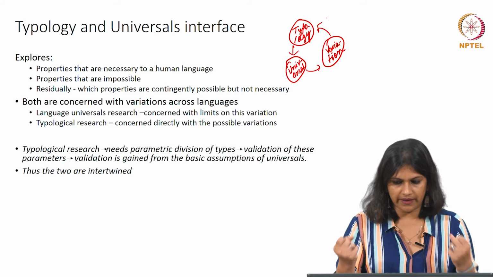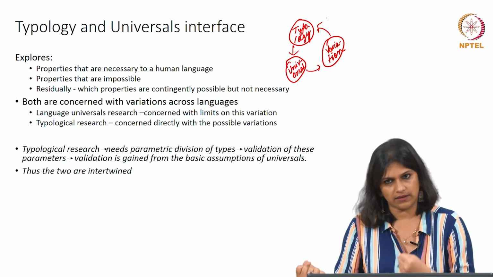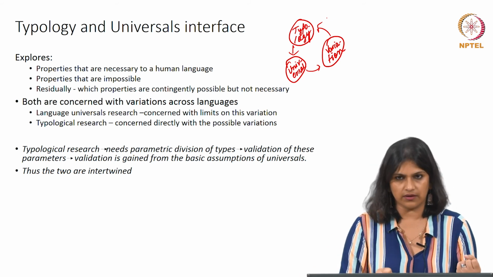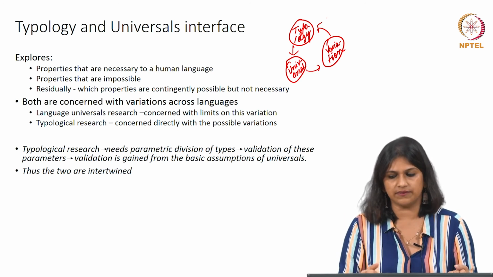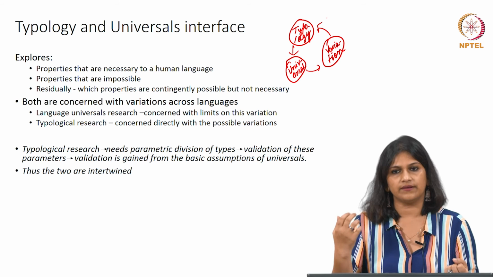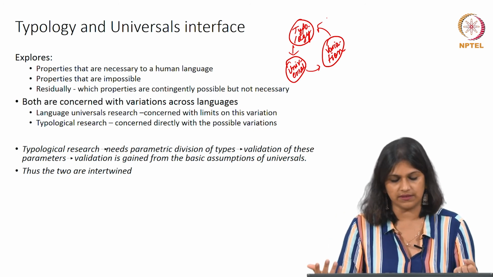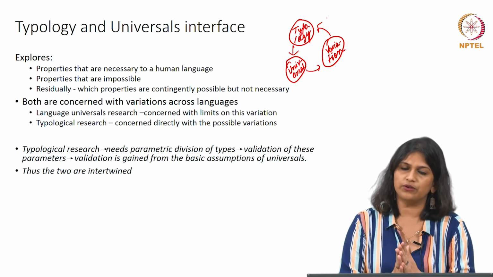So, a variationist also studies typology and universals. A researcher on language universals also has to study typological features and variation features, and a typologist will also try to understand how variation works and how the universal features of a particular language work. That is why all these three domains are intertwined.